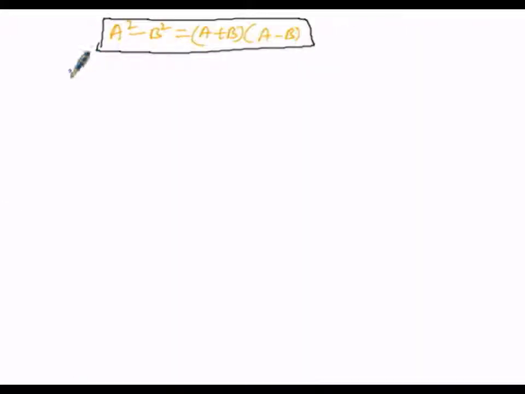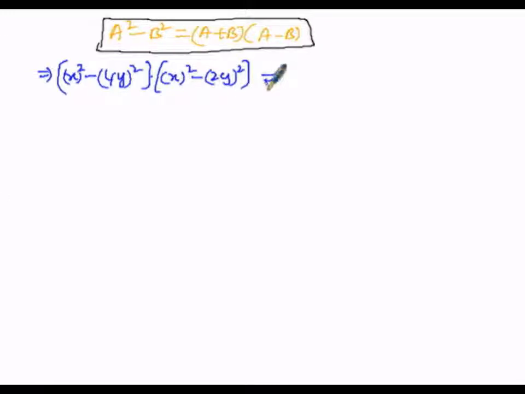So that implies (x whole square minus 4y whole square) into (x whole square minus 2y whole square) is equal to, so here a is x and b is 4y in the first bracket. So I want to write the product, a plus b into a minus b.